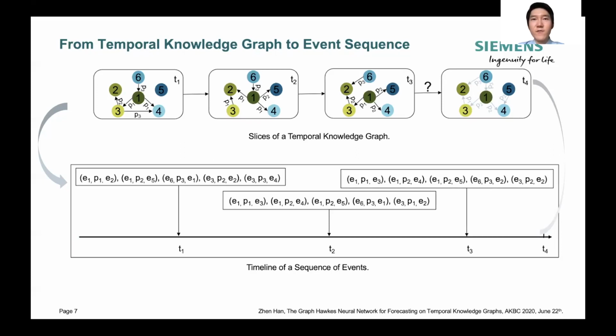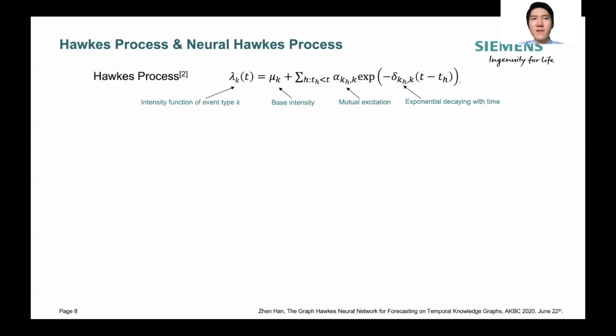For example, t4 here. There are several tools for modeling event sequences, such as the Hawkes process, which is a self-exciting point process. Each event type k has a time-varying intensity that represents the expected number of occurrences of this event in a unit time interval. In the Hawkes process, past events conspire to temporarily raise the intensity of future events.